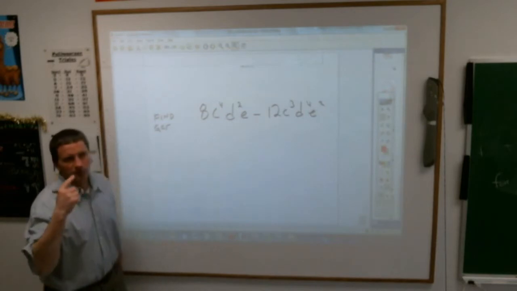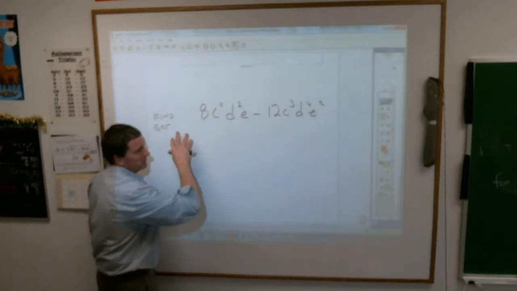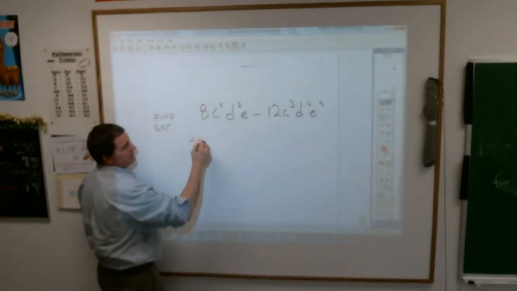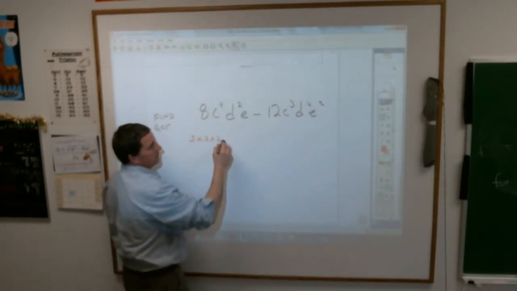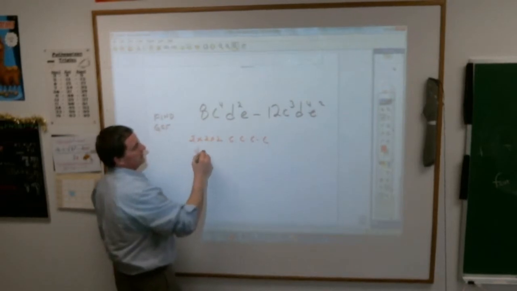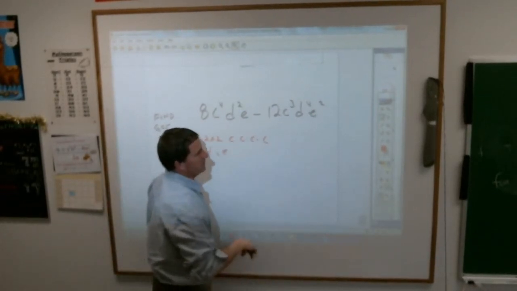Take a look and see, following the same rules, number one, prime factorize, but watch how fast this goes, because you don't really have to do the tree thing for this. What times what gives you 8? It's 2 times 2 times 2. What times what gives you c to the fourth? Well, c times c times c times c. d squared is d times d, and you have an e. That's all the prime factors of that.